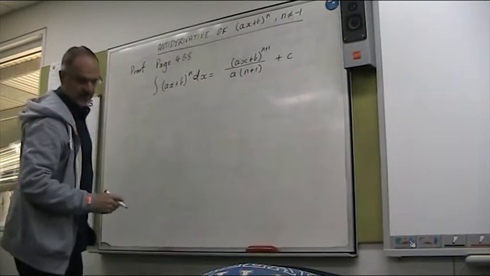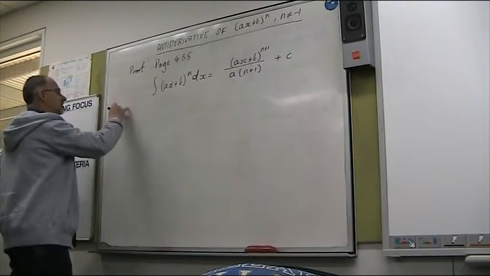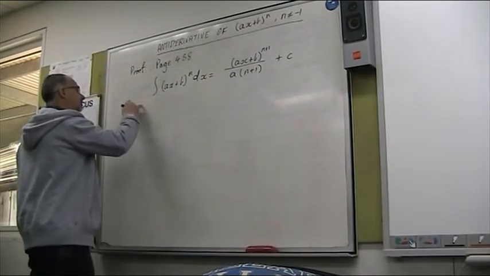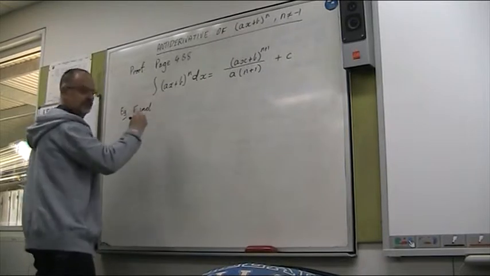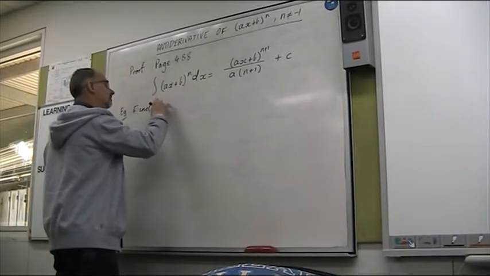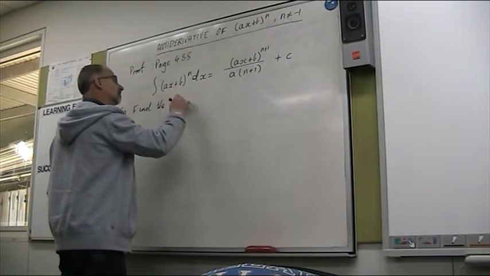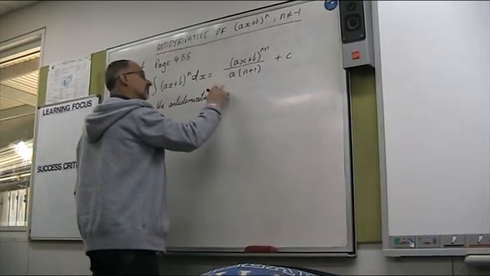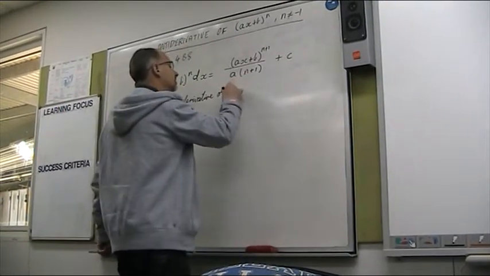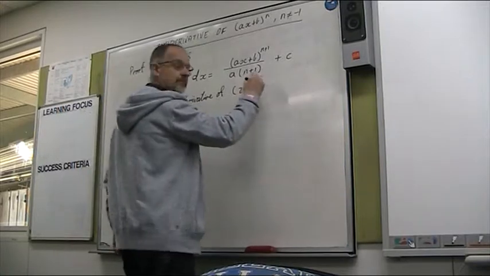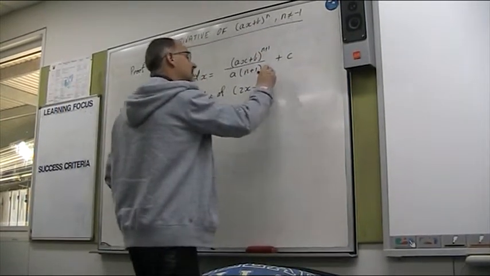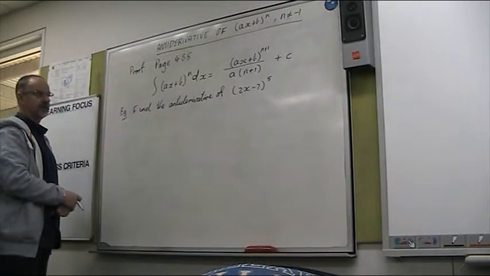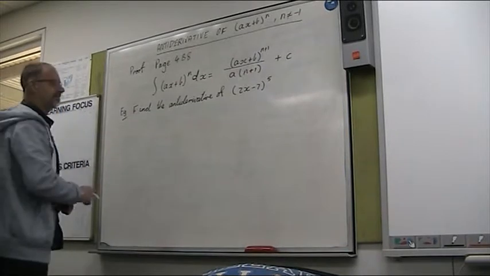So if I have something like this, let's look at some examples. (2x - 7) to the 5.